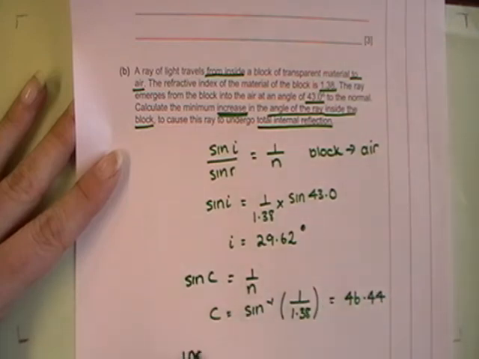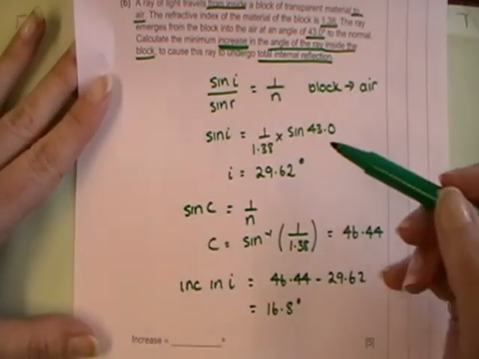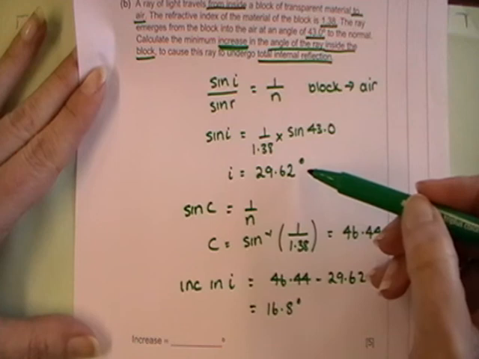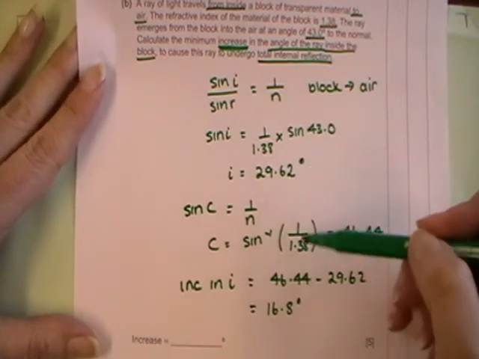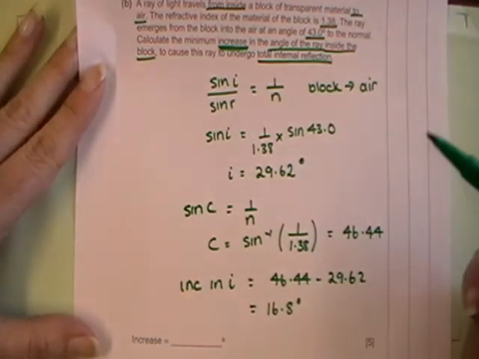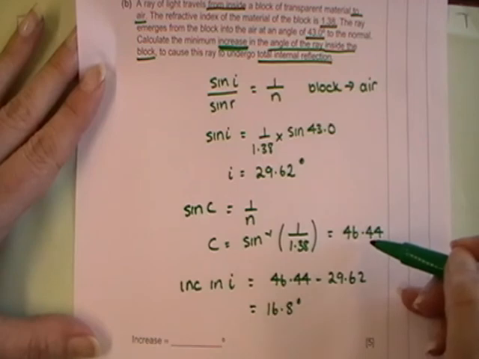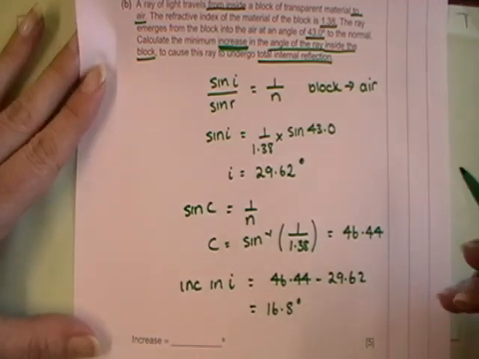So the increase in I that we need to have is up to the 46.44 from the 29.62. So we find the difference, which is 16.8 degrees. That means we need to take the angle of incidence from 29.62 and increase it by 16.8 degrees to meet the critical angle of 46.44.